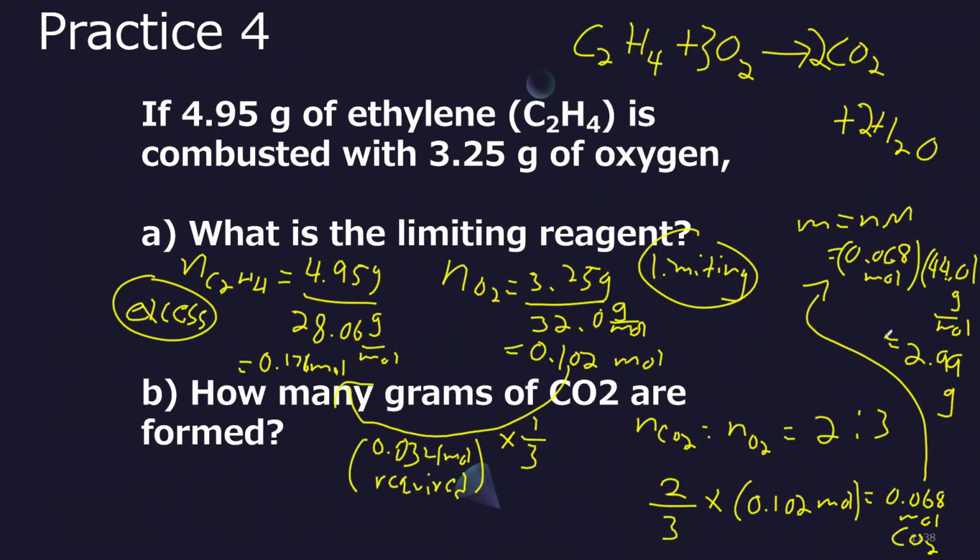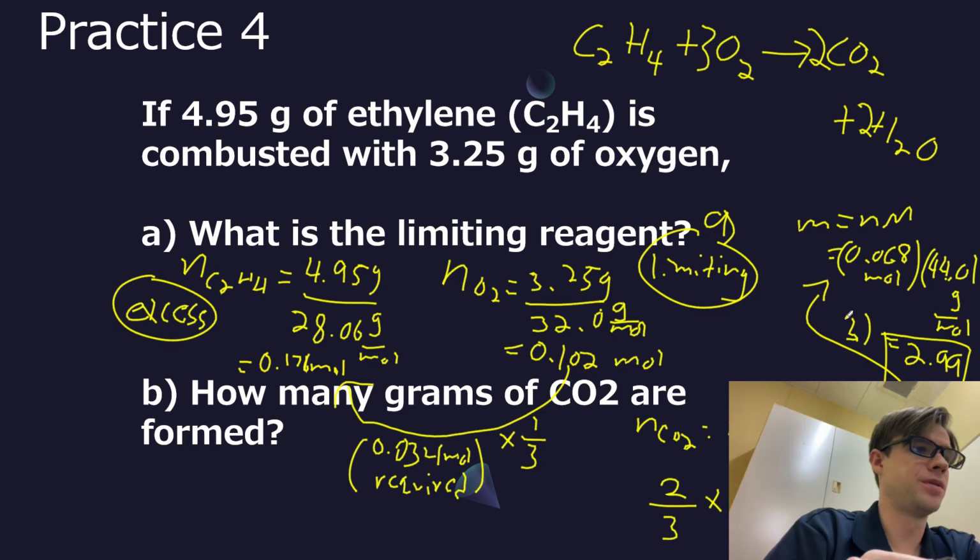Final answer for B. The answer for A is that O2 is limiting. All right, sorry it's getting messy and I'm going all over the place, but that's what you need to do. Generally, you'd be given probably more space on a test or something. All right, moving on. More practice.